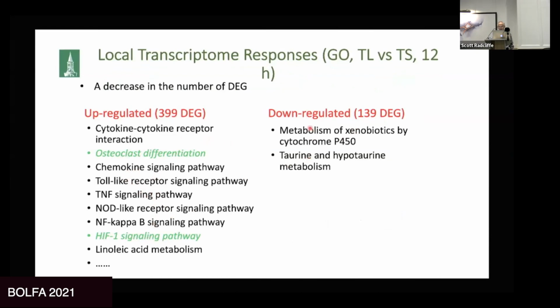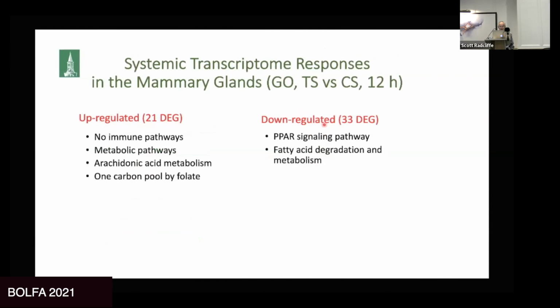Some metabolism decreased by 12 hours. For the systemic comparison at 12 hours, we saw 21 DEGs upregulated and 32 DEGs downregulated. But this time we did not see immune pathways. Some metabolic pathways were upregulated and some decreased at 12 hours.